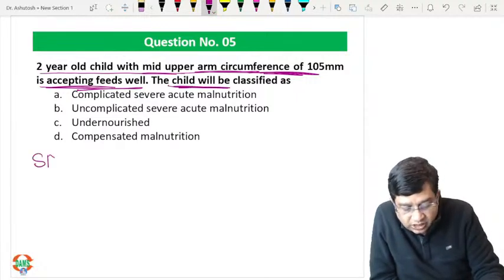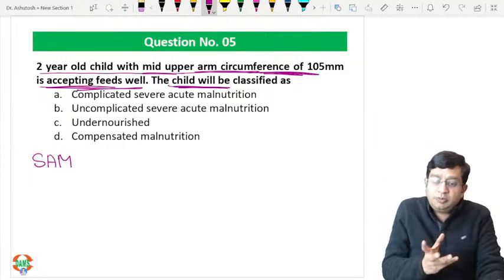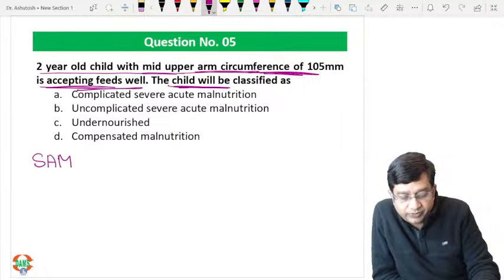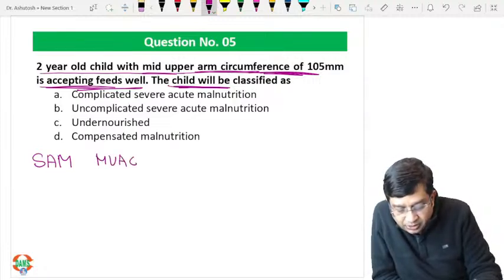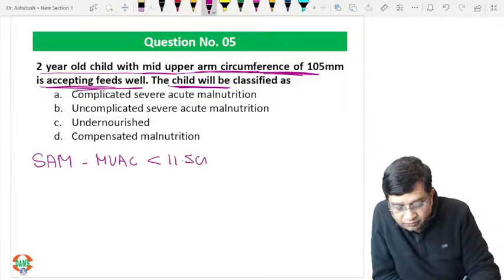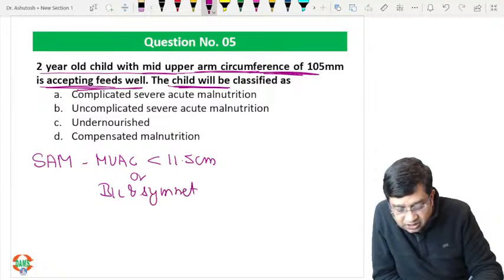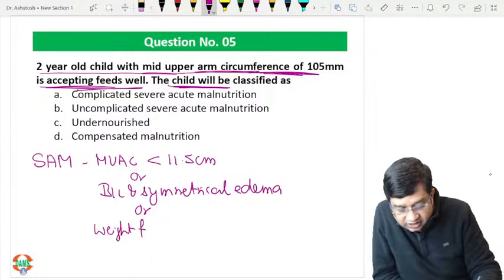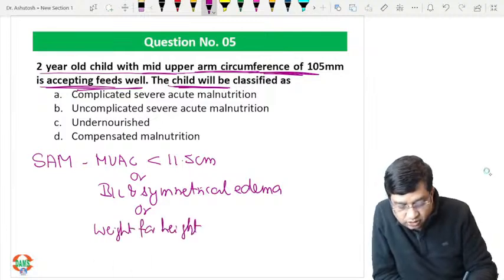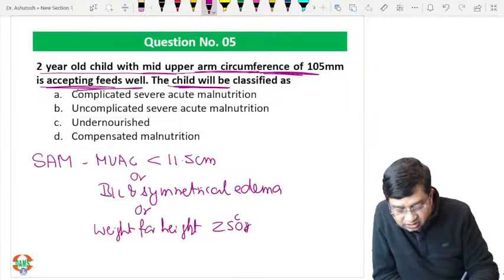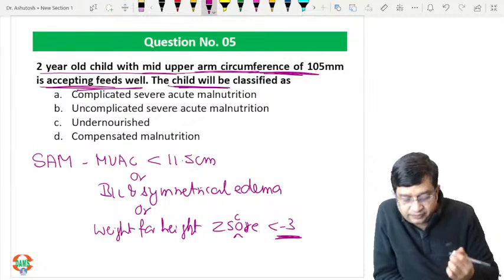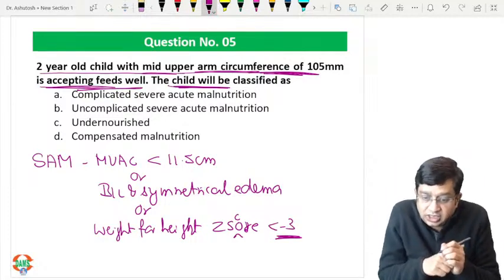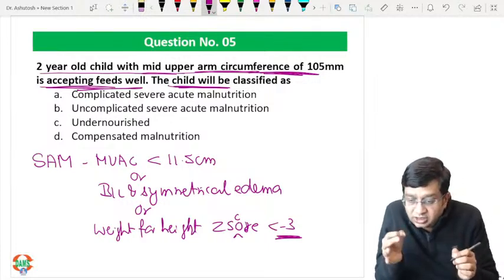Now SAM तो या pneumonia हो या nephrotic हो, ये तो कुछ important topics हैं which are always asked in the FMGE exam. तो SAM में mid upper arm circumference is less than 11.5 centimeter, or there is bilateral and symmetrical edema, or weight for height Z score is less than -3, right? और important word क्या है, इन तीनों में बीच में 'or' है. So all the three criteria are not required.